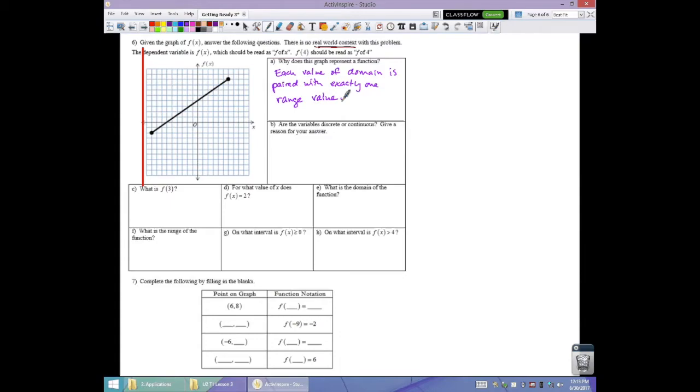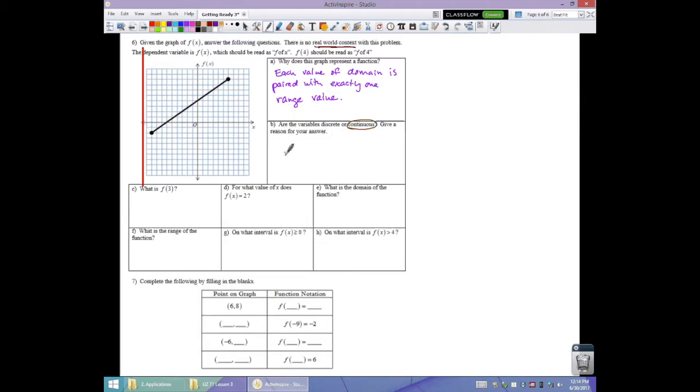Are the variables discrete or continuous? And give a reason. Now, if you remember, discrete means they are not connected. There are not values between the individual points of the graph. Continuous means they are connected. So this one is a continuous graph.